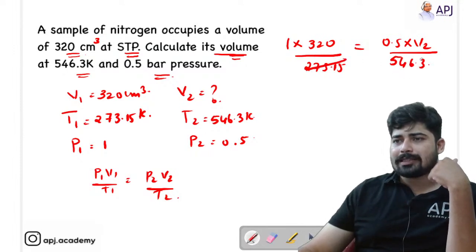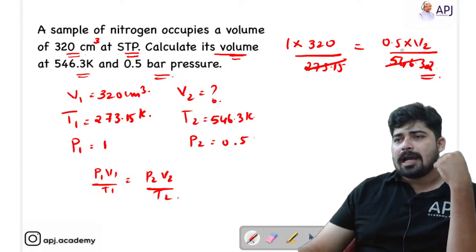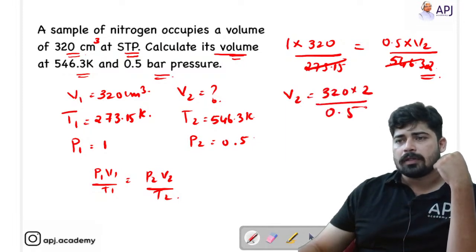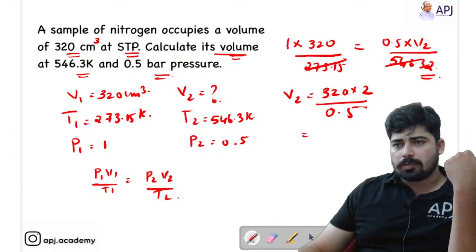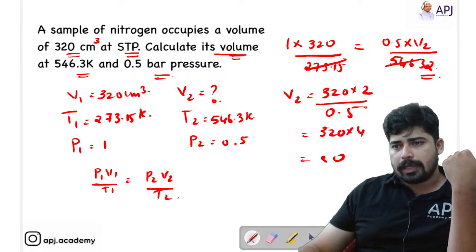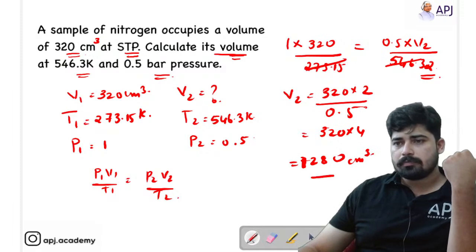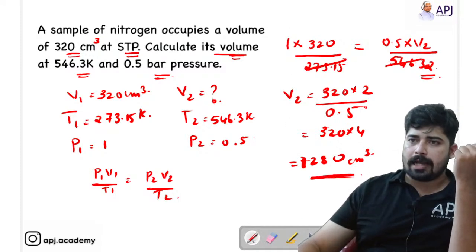So here you can cancel this: 273.15 into 2 is 546.3, and V2 is equal to 320 into 2 divided by 0.5. Okay, 0.5 can be written as 1 by 2. So it becomes 320 into 4, which equals 1280 centimeter cube. That is the answer.